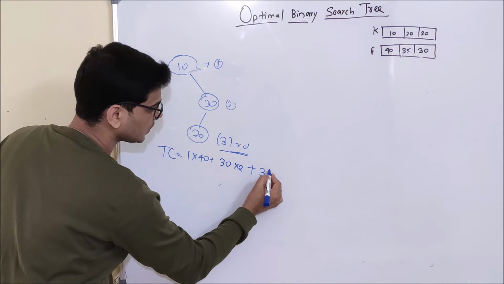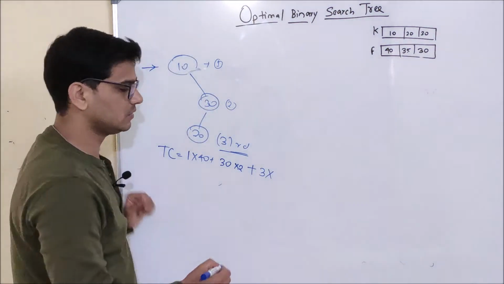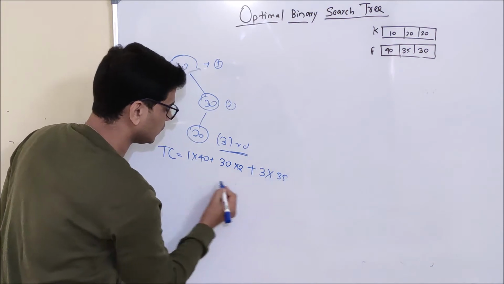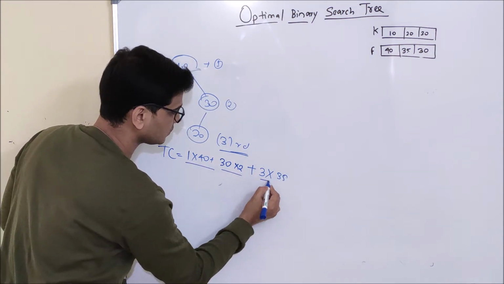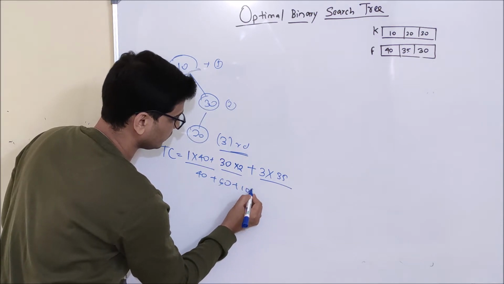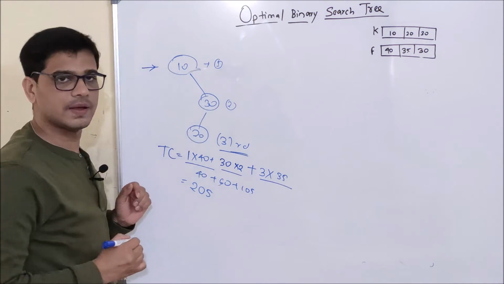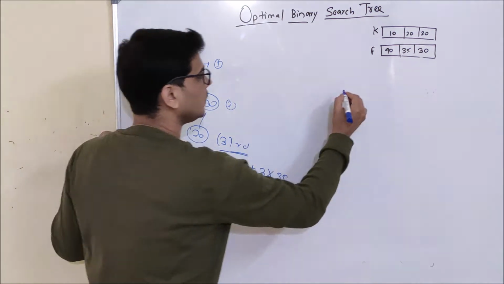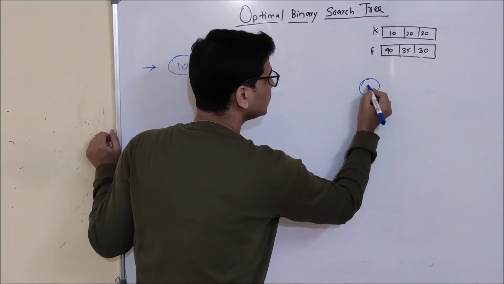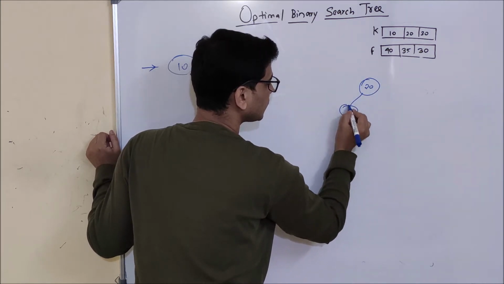So 3 into frequency of 20, which is 35. So total cost will be 40 plus 60 plus 105, which is 205.